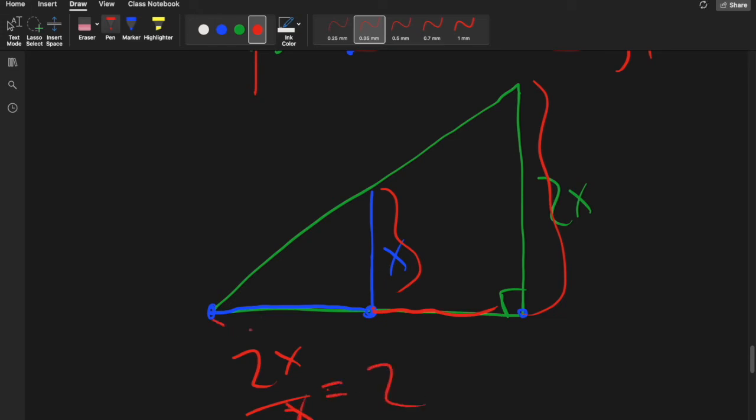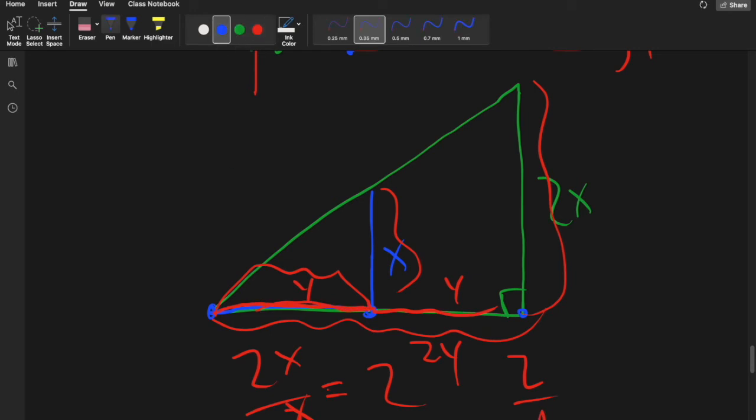Then those big lines to the small line must also have a ratio of 2 over 1. So if here is y, here must also be y, right? Then the total length will be 2y. So those two lines must be equal.